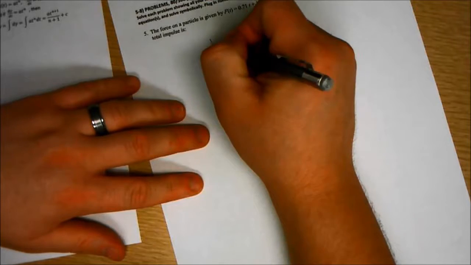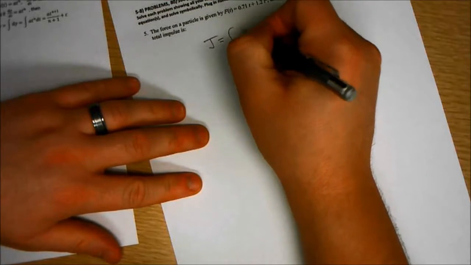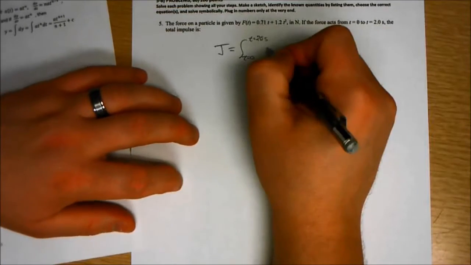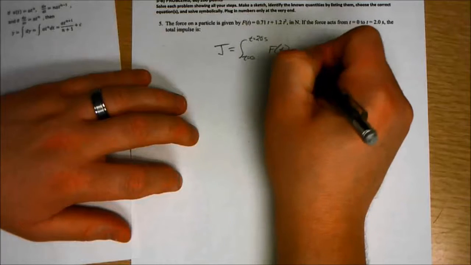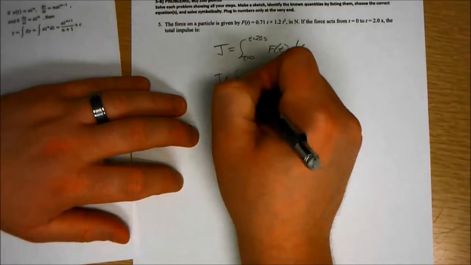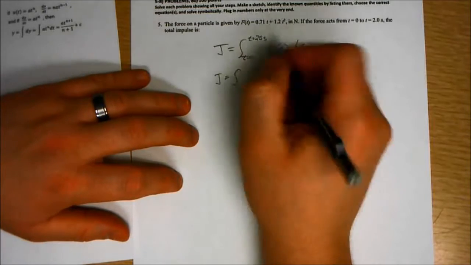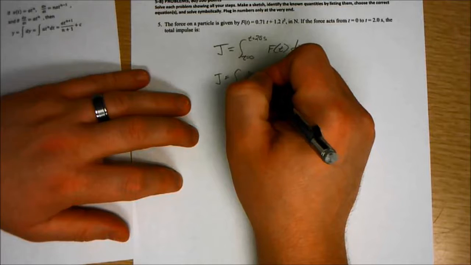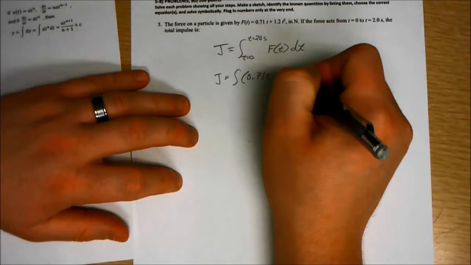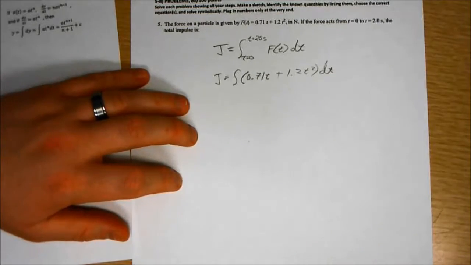So it's looking for the total impulse from t equals 0 to t equals 2.0 seconds of F(t) dt. So J equals the integral, I'm leaving out the limits for the sake of time, of 0.71t plus 1.2t squared dt.